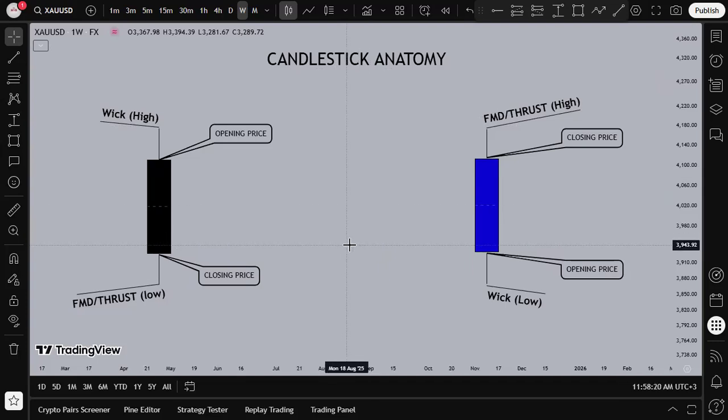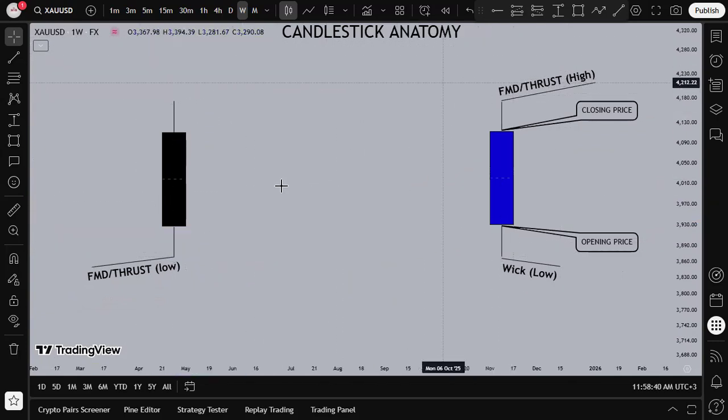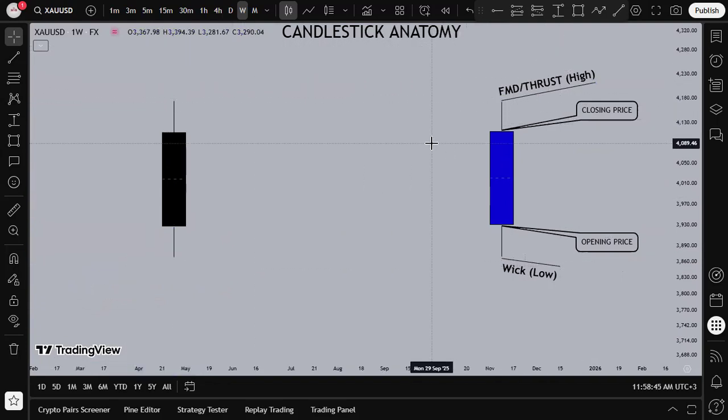Now, after understanding the theory behind the candles that are printing, let's talk about a little thing called candlestick breakout. Candlestick breakout is simply how the candlesticks break and what's the meaning behind the candlestick breakout.